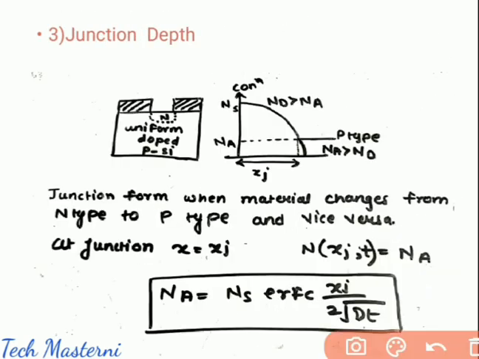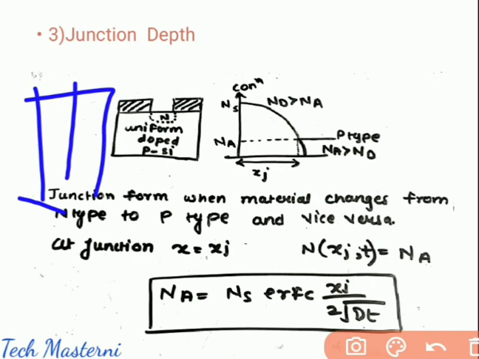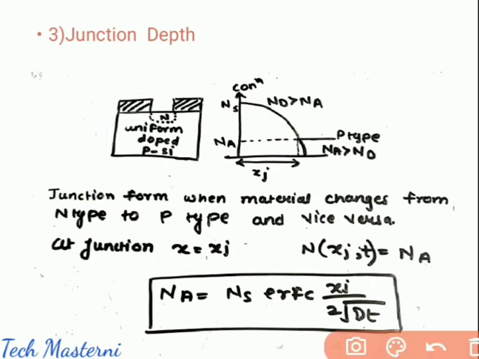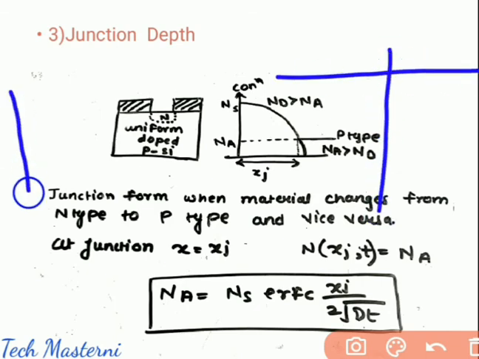Now let us understand junction depth. So we had our uniformly doped Na, and now we have created an N type dopant layer. So you can see here, the concentration will be highest at the surface and it will go lower.